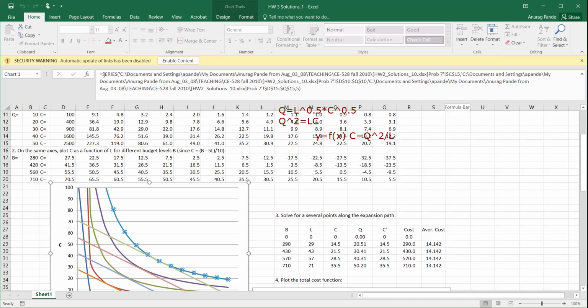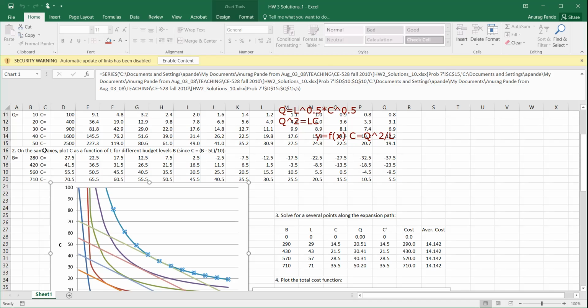So basically, if you look at the series definition, this is the file path. But if you look at C15, and then D15 to Q15, right? So that's what's going on.